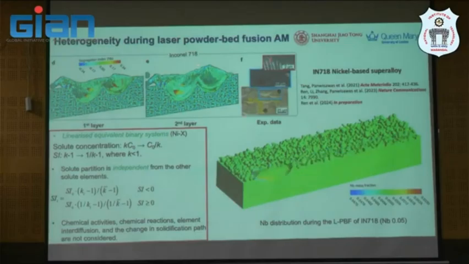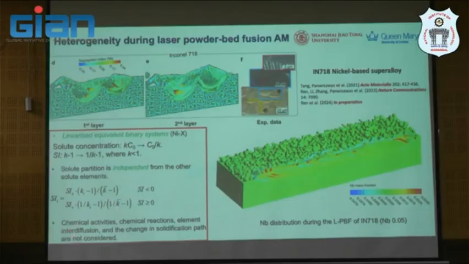I will tell you later that we calibrate against small-scale, I mean micro or nano length scale experiments as well. So we calibrate this before we predict the solute segregation profile. Especially in Inconel 718, we chose the niobium segregation profile because this is a detrimental phase that is present.